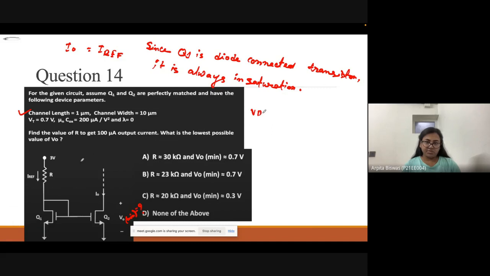So VDS2 greater than or equal to VGS minus VTH.